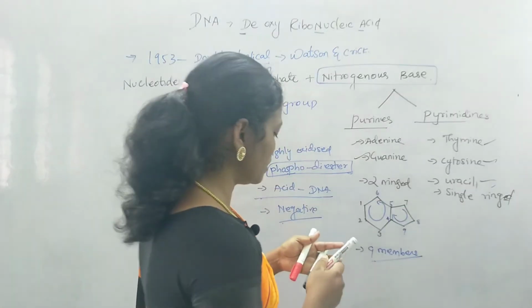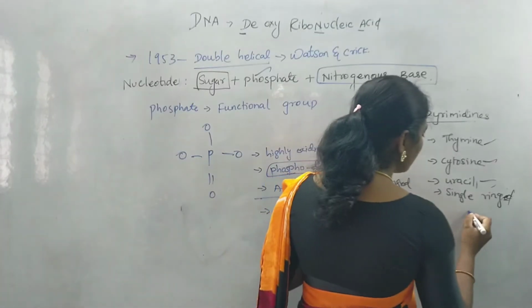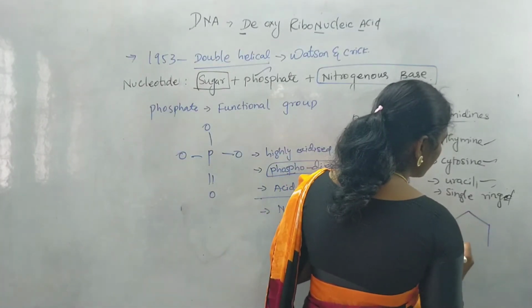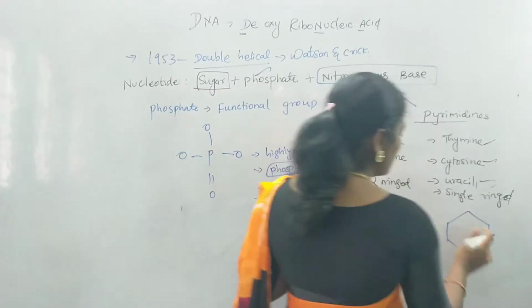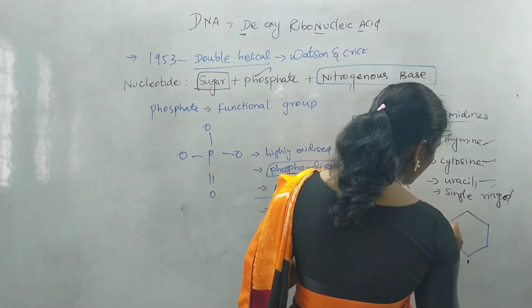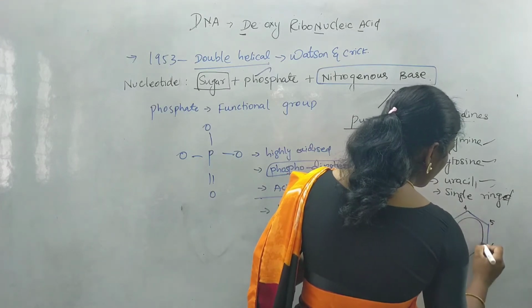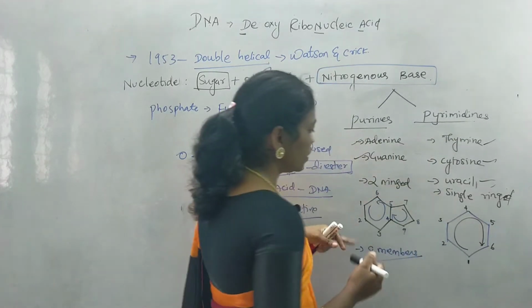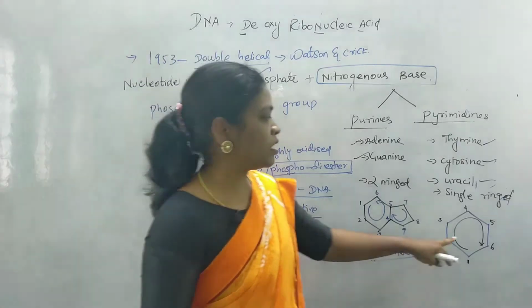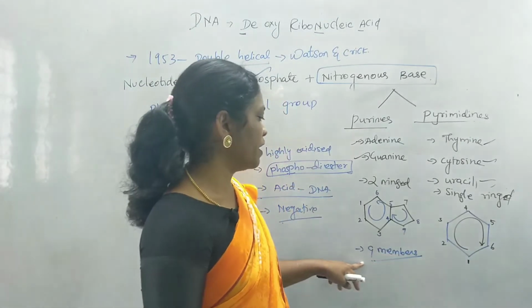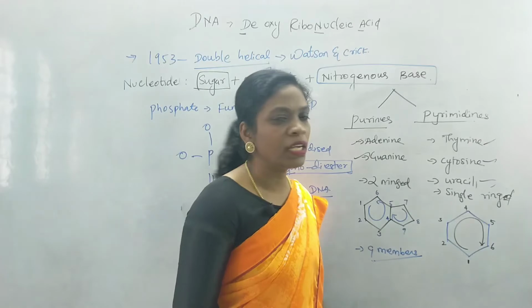When we go with the pyrimidines, these are numbered in this way 1, 2, 3, 4, 5 and 6, so the arrangement goes in this way. So these are double ring structures and these are single ring structures. Purines contain 9 members and pyrimidines only 6.